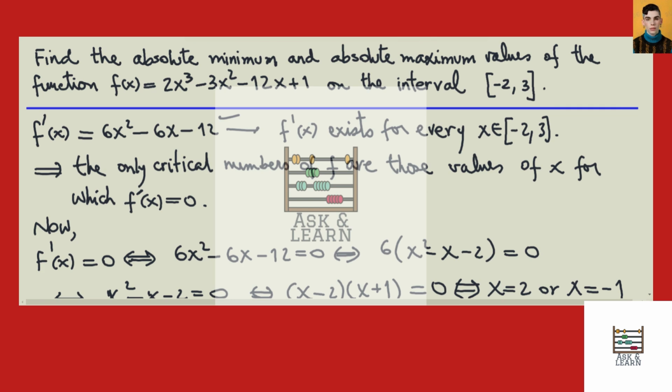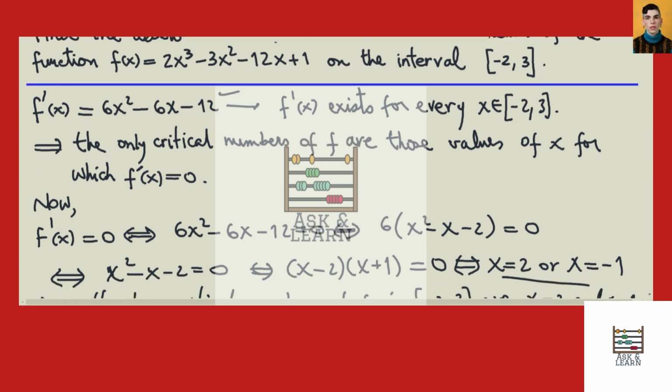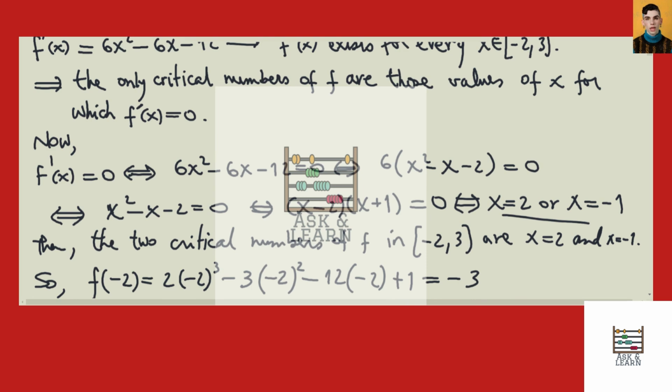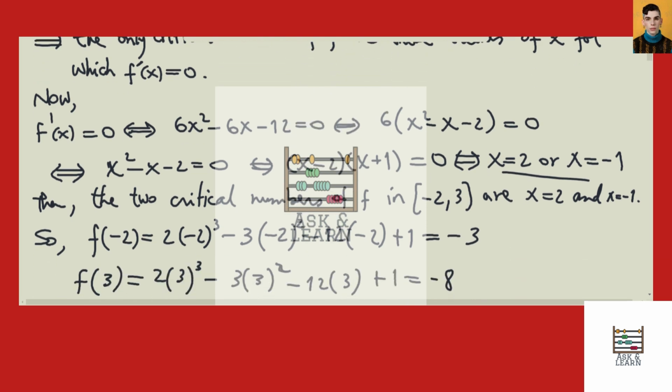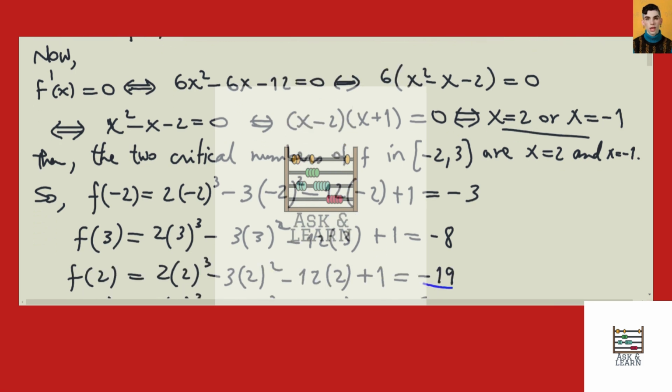We find the derivative, and because that derivative exists at every number in the closed interval, the only critical numbers of the function are those values of x for which the derivative is 0. We solve that equation, derivative of f equals 0. We keep the solutions that are inside the closed interval. In this case, both of them are.